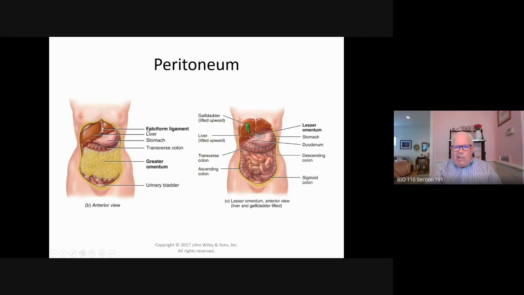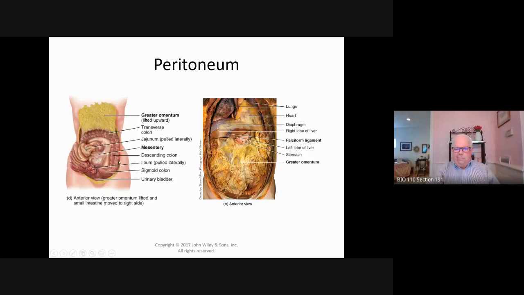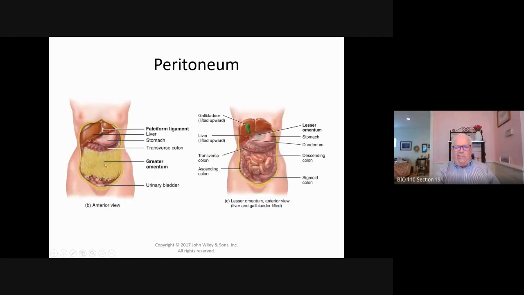The falciform ligament covers the liver, separates the right and left side of the liver, a very important ligament. The majority of the peritoneum is the greater omentum. This is known as the beer belly in fat people.